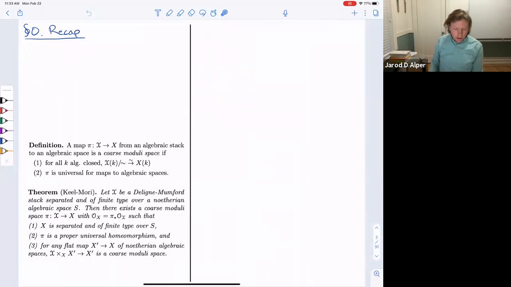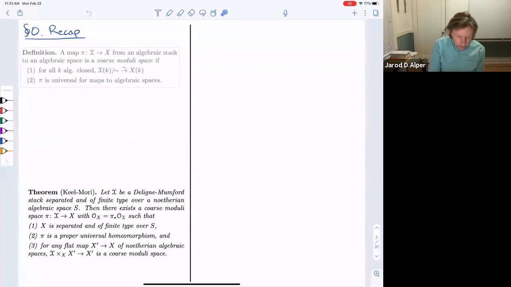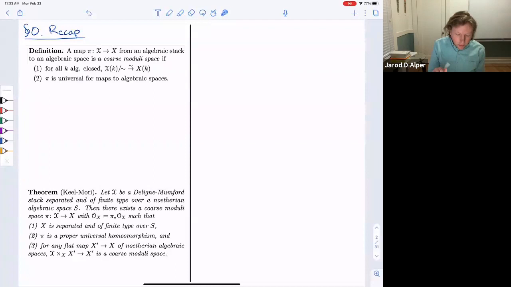And to recap here, let me first just remind you of the definition of a coarse moduli space. So a coarse moduli space is a morphism from an algebraic stack to an algebraic space that satisfies these 2 properties.